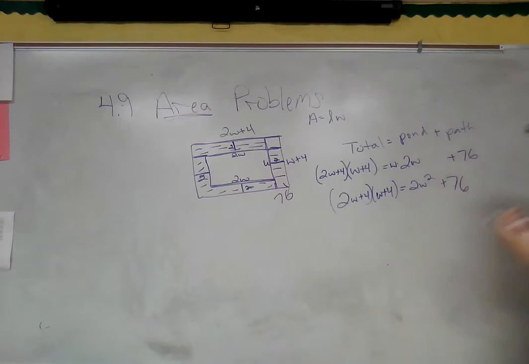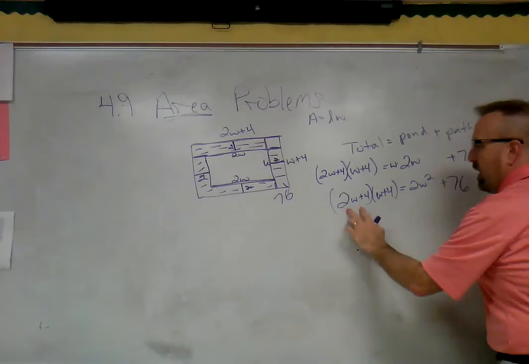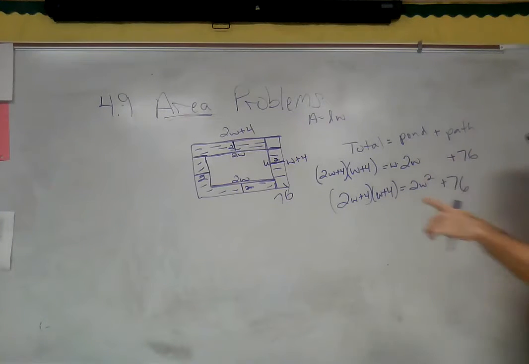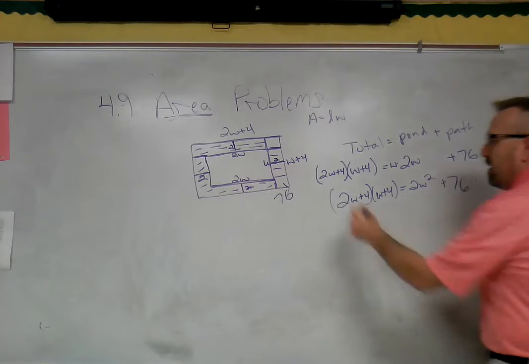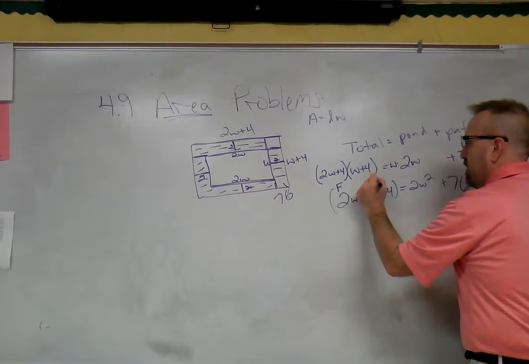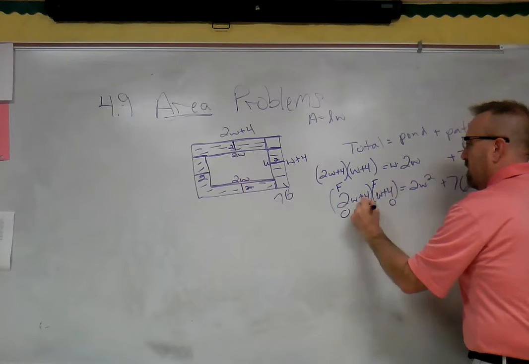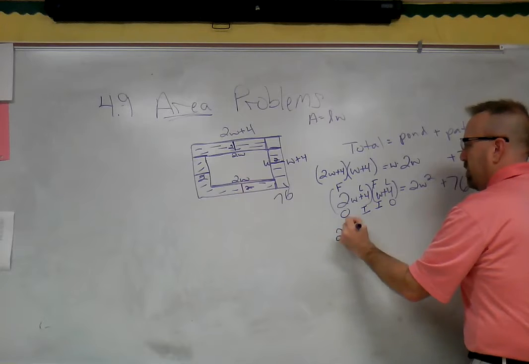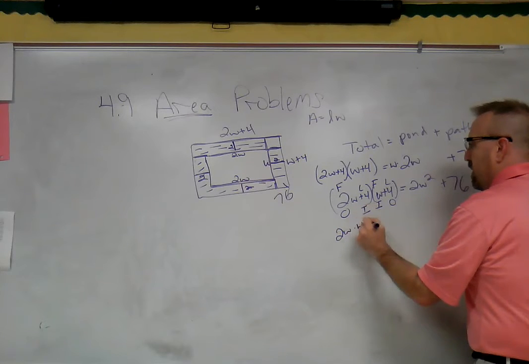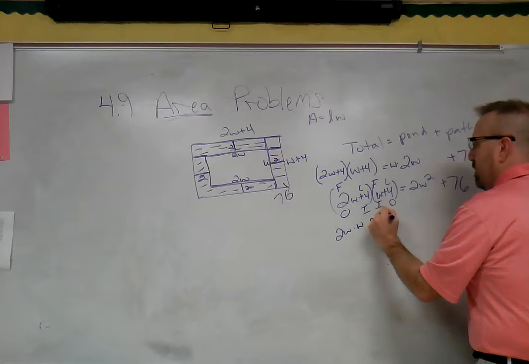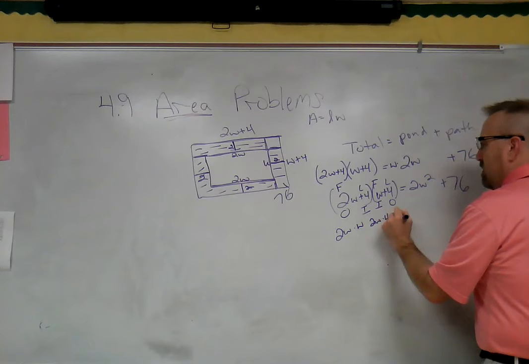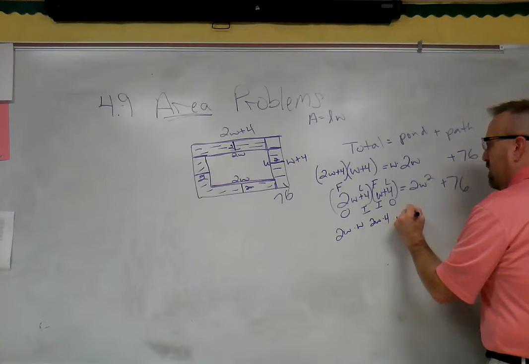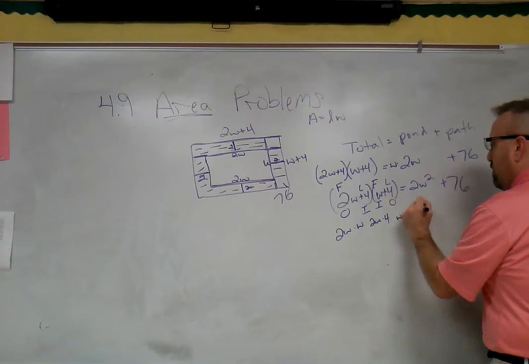All right, so we have it set up. Now we've got a binomial times a binomial. So this goes back to Monday, when we did FOIL. We've got first, outer, inner, last. 2W times W, outers 2W times 4, W times 4, and 4 times 4.